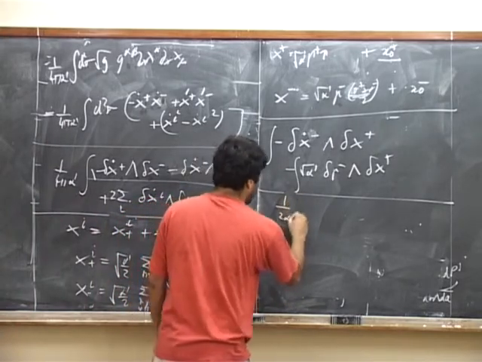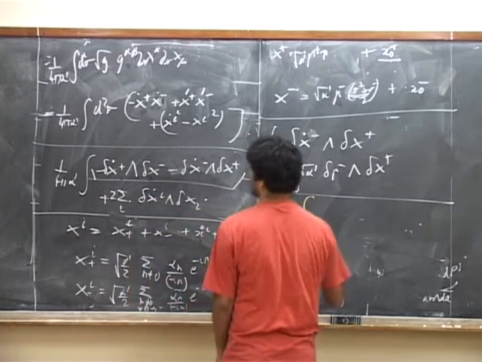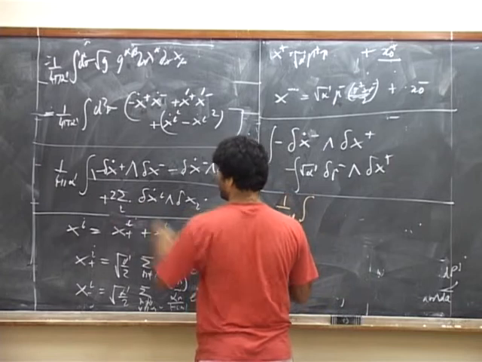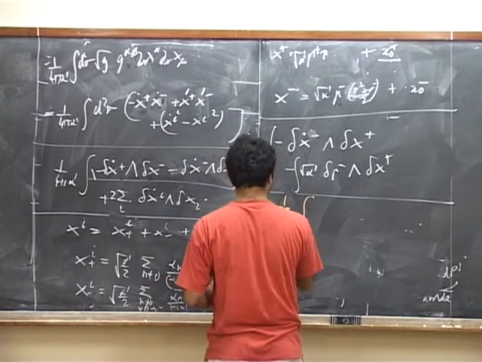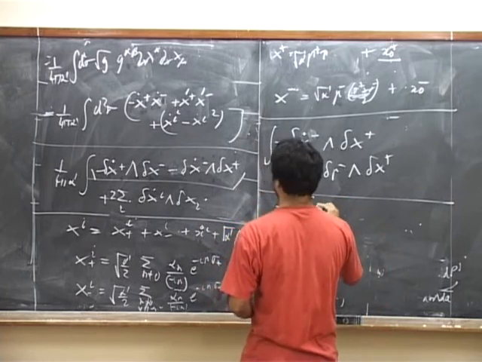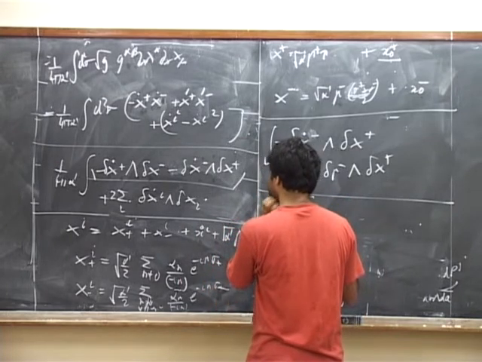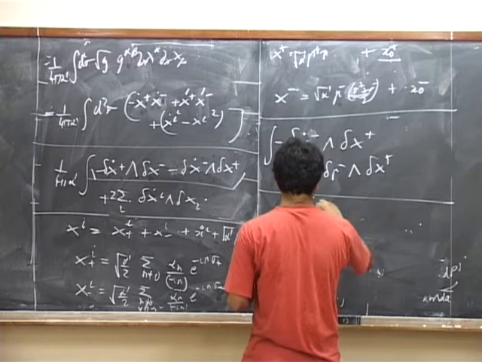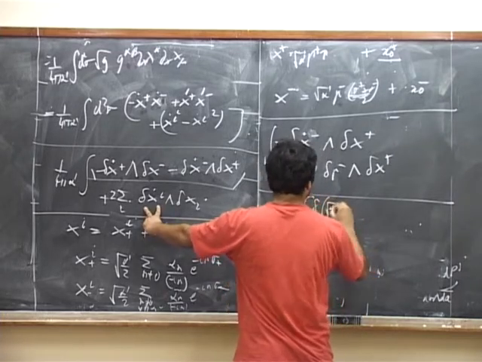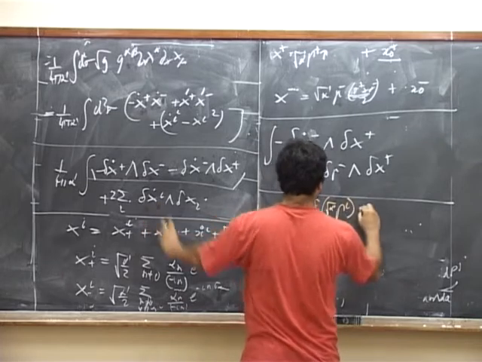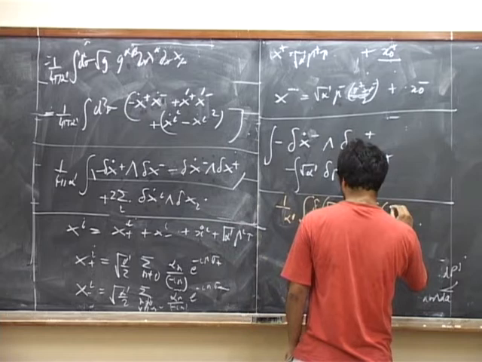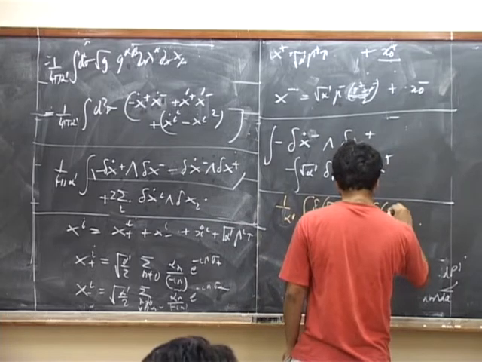So that's 1 by 2 alpha prime times the integral of delta of alpha prime pi, wedge delta of x0.